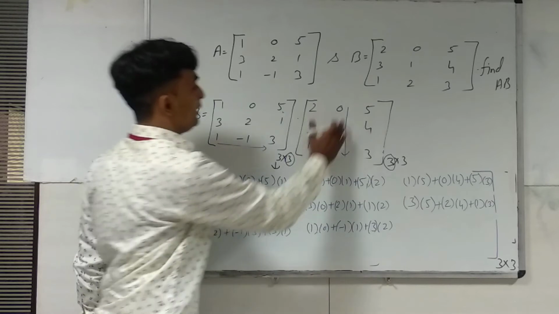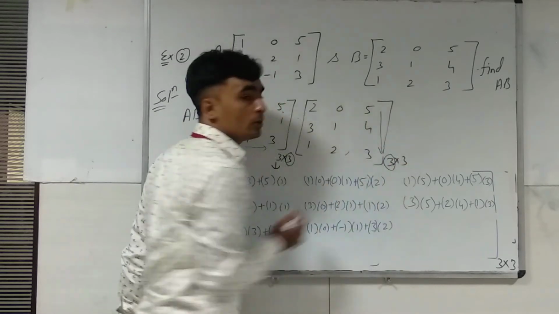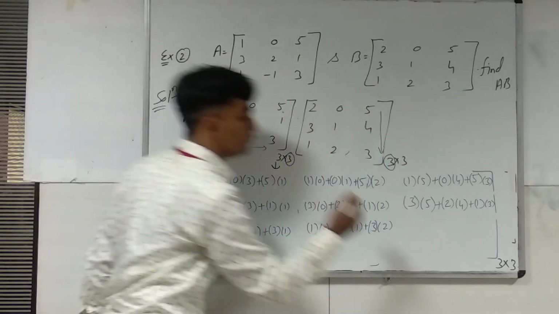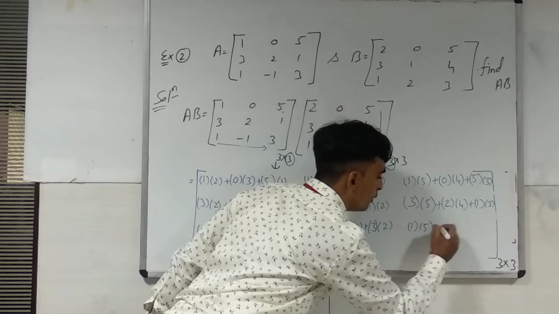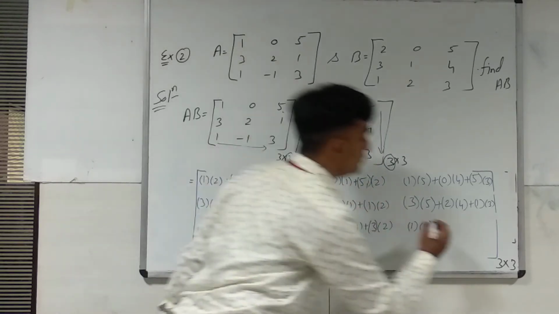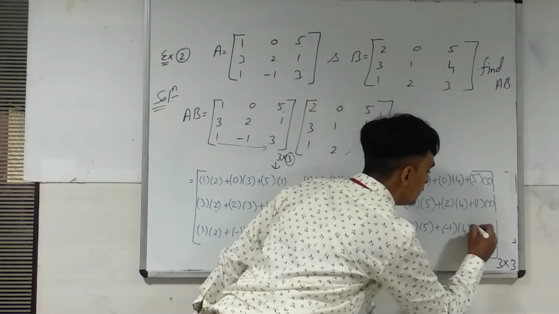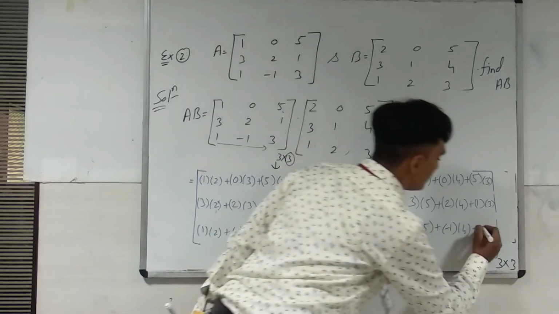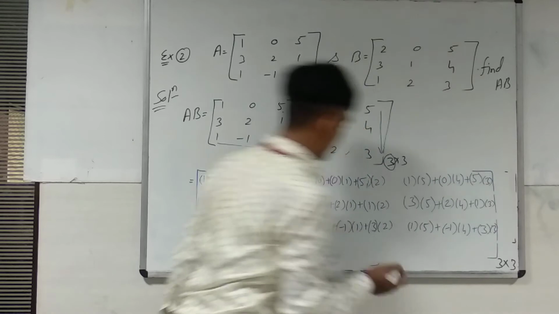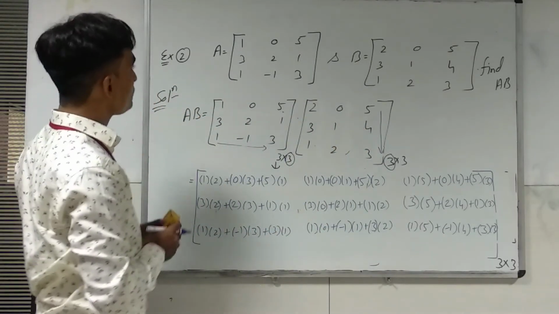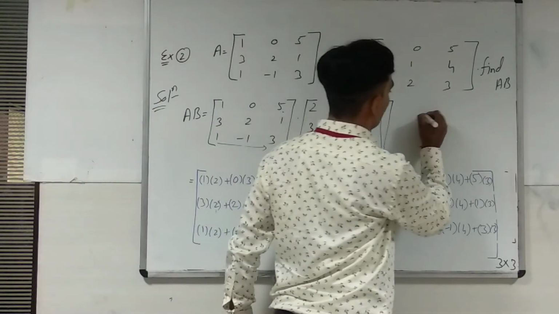This one. Then third row, third column: 1 into 5, plus minus 1 into 4, plus 3 into 3. This one. Now I will write the answer here.